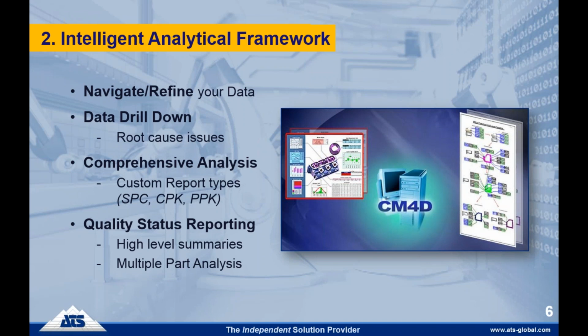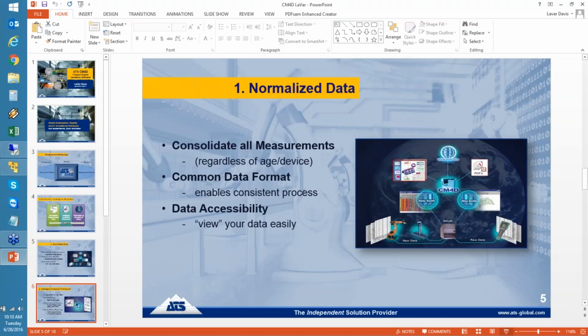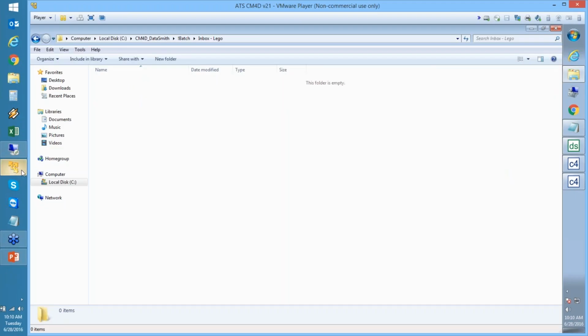Now, of course, workarounds can be created in programs like Excel, where you can make macros to load data and do comparisons, but of course that is a very manual and tedious process. So this issue of having fragmented and simple reporting methods is resolved immensely by the main program in the software package called CM4D. So what I'd like to do is showcase CM4D.